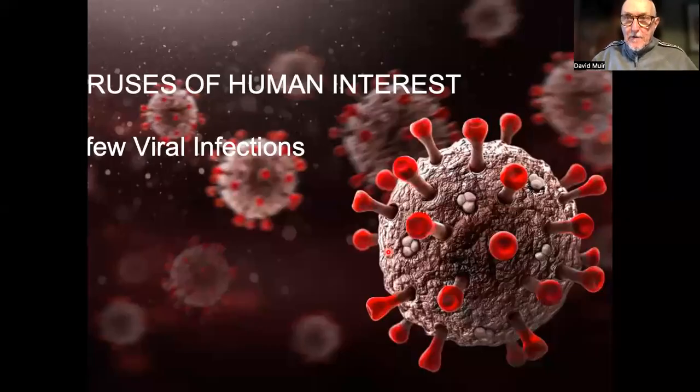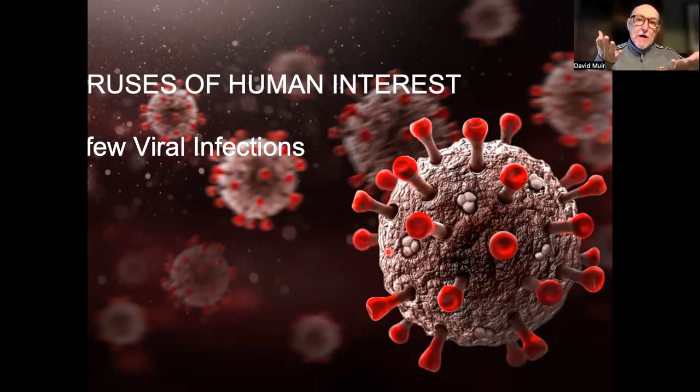Okay, hello everybody, and we're going to try and complete our discussion about viruses by talking about a few human diseases caused by viruses. And remembering, of course, that there are actually hundreds of different diseases that can be caused by viruses.